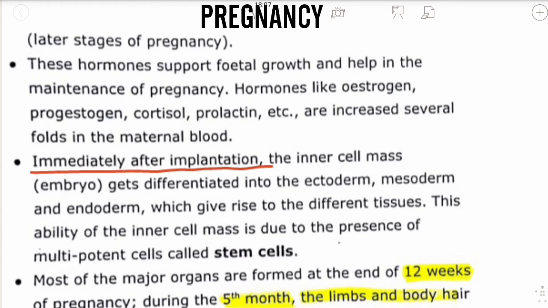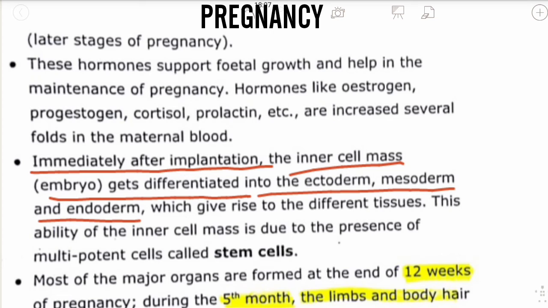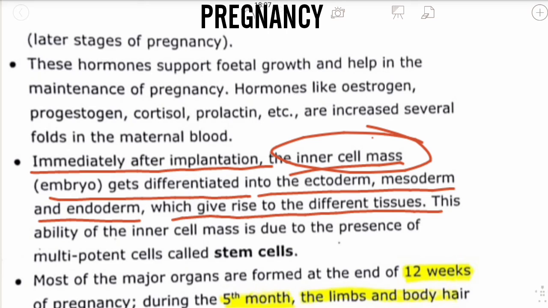Immediately after implantation, the inner cell mass of the embryo gets differentiated into the ectoderm, mesoderm and endoderm, which give rise to the different tissues. The inner cell mass is the future embryo.